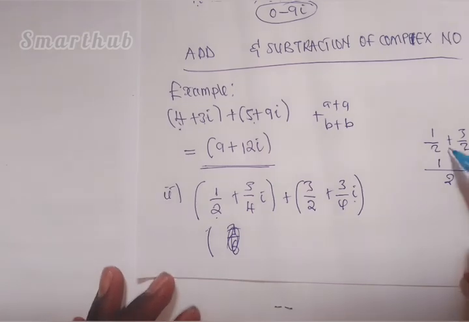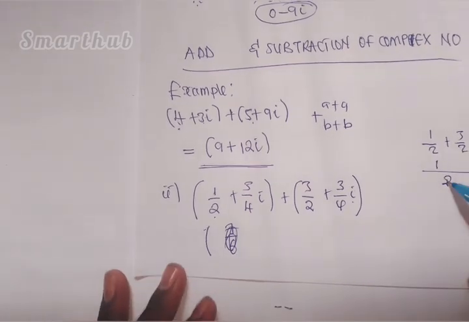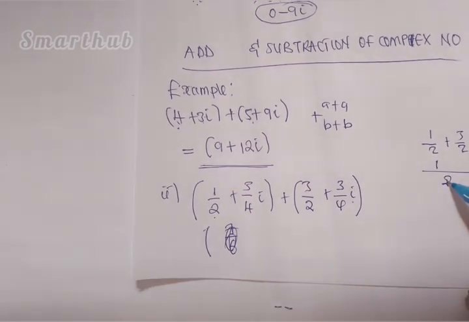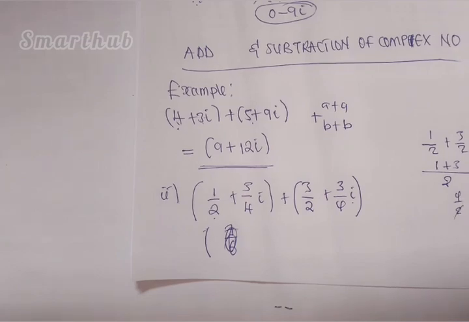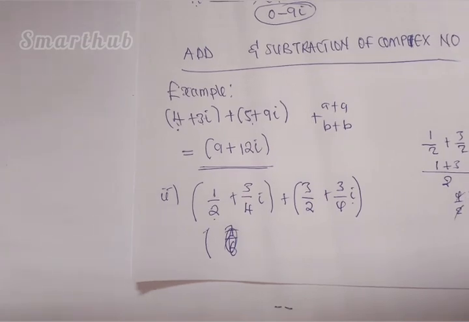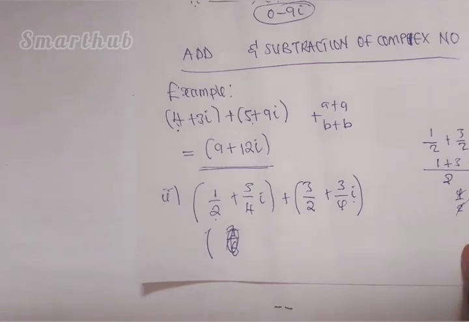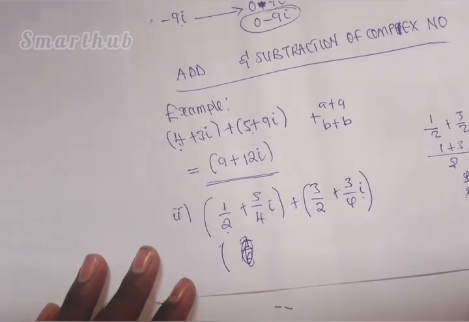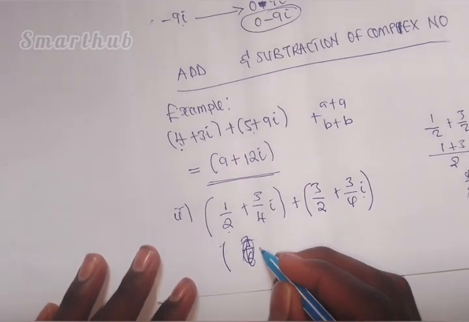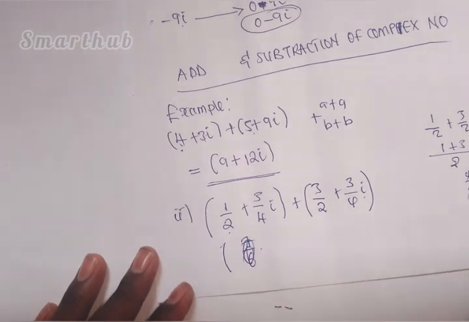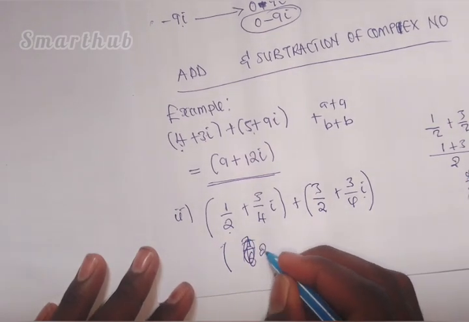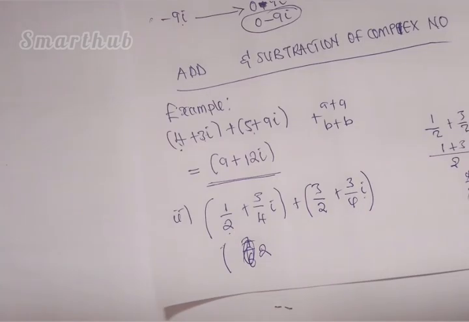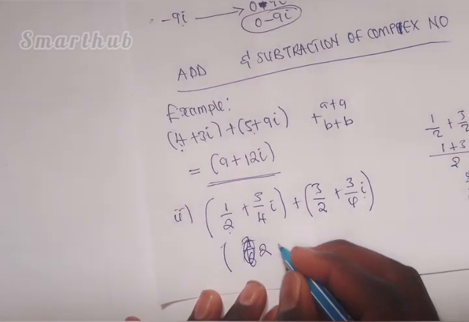So 2 into 2 is 1, 1 times 3 is 3, plus 1, so it's 4 over 2. Sorry, we're going to remain with 2. 2 into 4 is 2. So here it's 2.